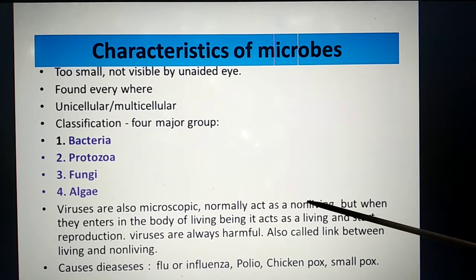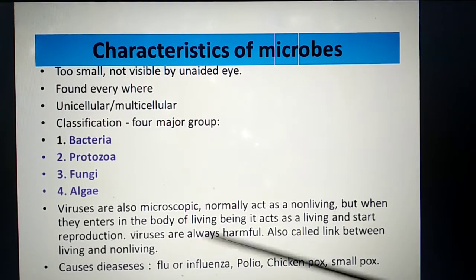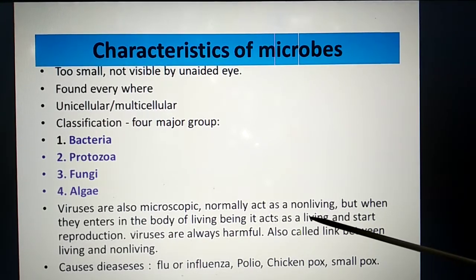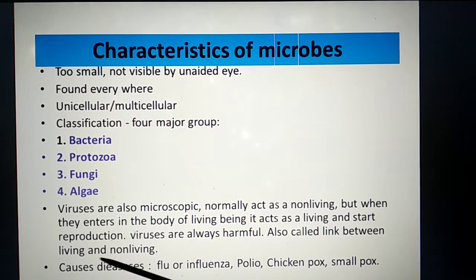It depends on the virus. They are also called the link between the living and non-living. Viruses are always harmful. They cause diseases such as flu, influenza, polio, chickenpox, smallpox, etc.